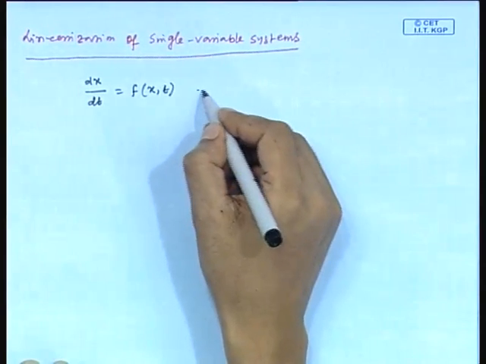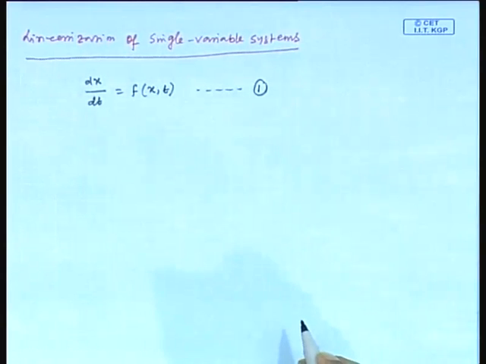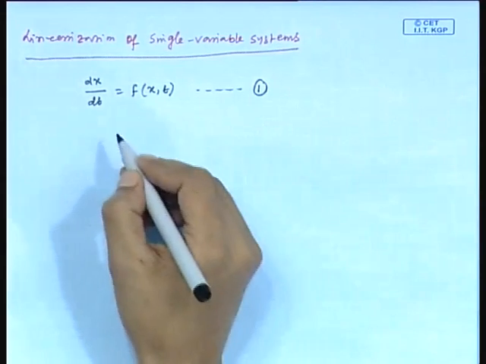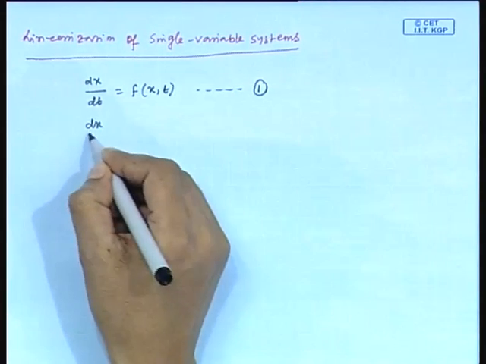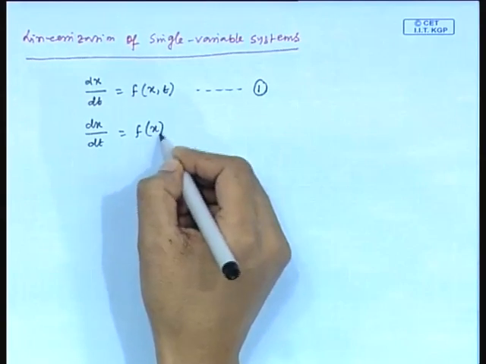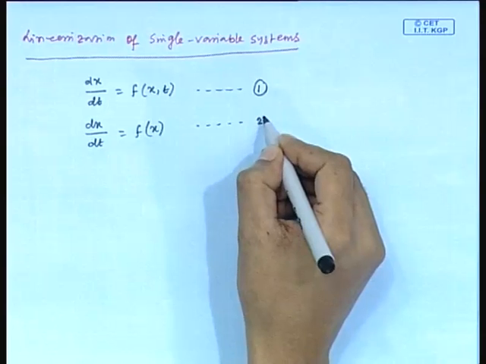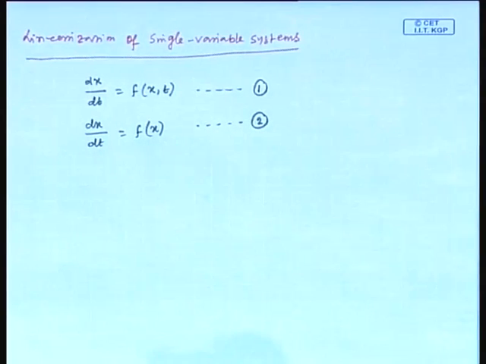Suppose this is equation number 1. Here x is the only dependent variable, and t is the independent variable. That means x also varies with time, so we can omit t within this function and write it in this form also. This is equation number 2.